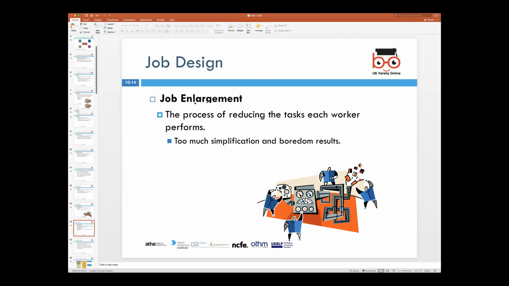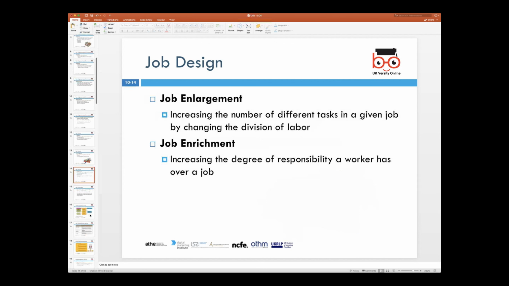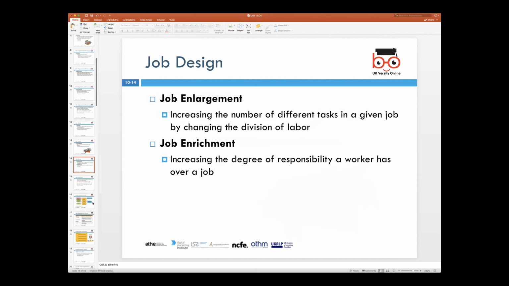Now, you also come across terms like job enlargement and job enrichment. What does job enlargement mean? Enlargement means you're getting more responsibility, or you're getting to share the burden of responsibility and getting promoted. In this case, your job essentially remains the same, but you will have a larger responsibility within that role.